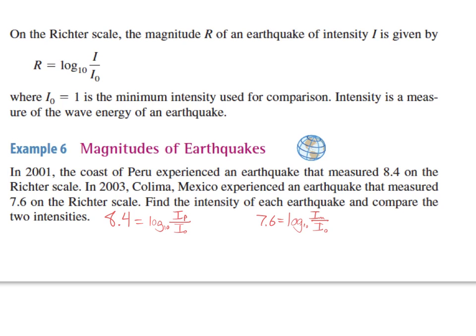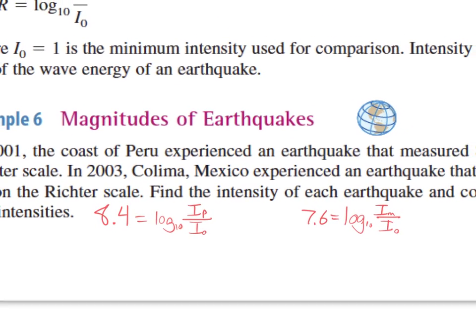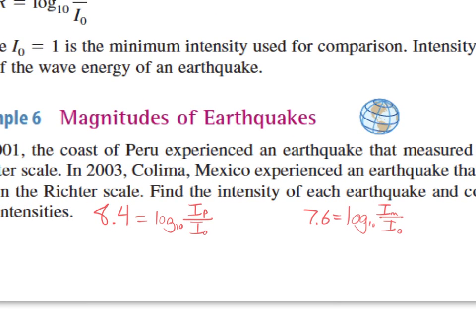Now, how would I compare these? I've got to do what with the logarithmic equation? Let's say I want to solve it for I sub p. So how would I solve this for I sub p? You raise it to the power of 10, which is base 10, to get rid of the log.